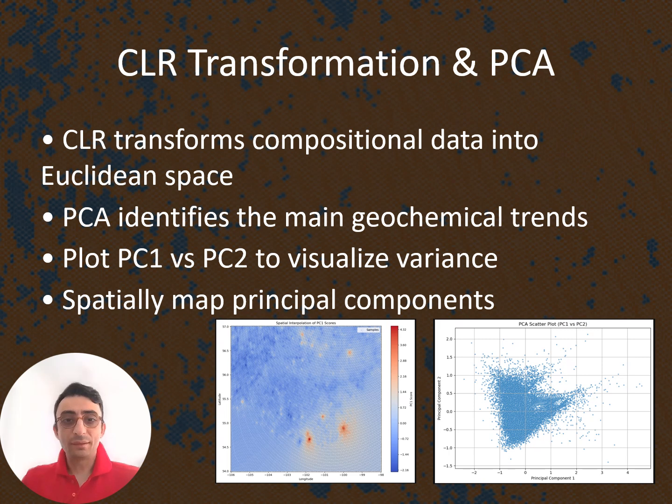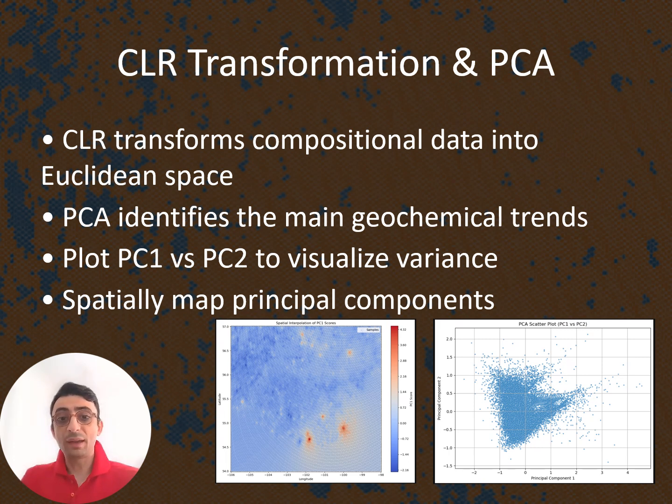After the dataset is cleaned, we apply a CLR transform. This helps with the compositional nature of geochemical data. Then we run principal component analysis to reduce dimensionality.